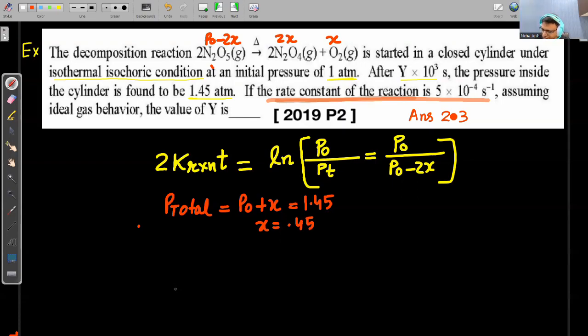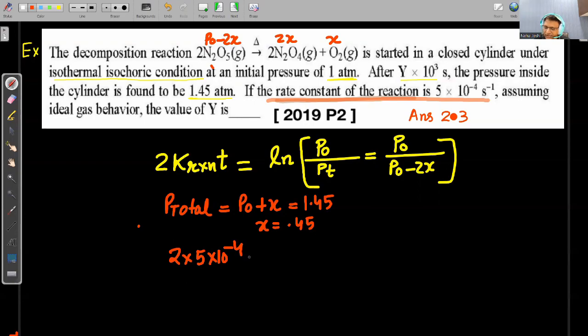And from there, if I put it in this equation, the rate constant of reaction they have given, so I'm writing here 2 times of rate constant of reaction, 5 into 10 to the power minus 4, into time T.